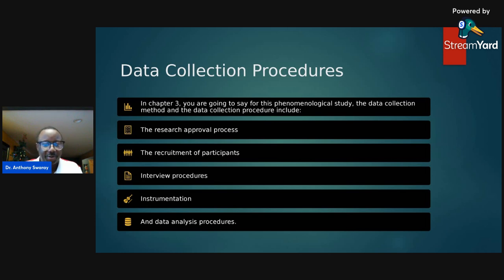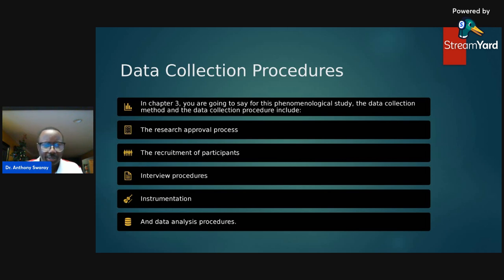The recruitment of the participants, you're going to talk about that in your paper. How did you recruit your participants? How did you get your participants? What information did you send out to be able to encourage people to participate in the research? You talk about the interview procedures, your interview guide questions, what method of interview did you use, what kind of document you use to get people to participate in your research.